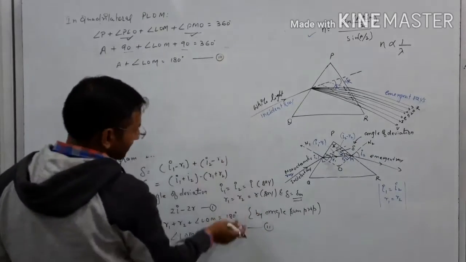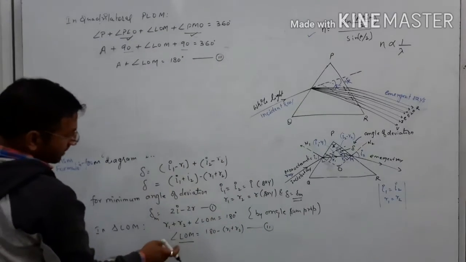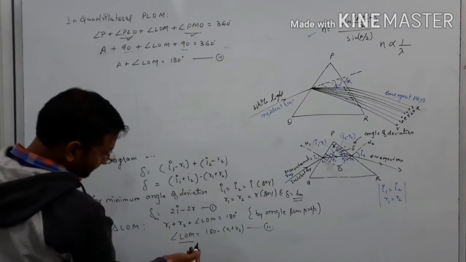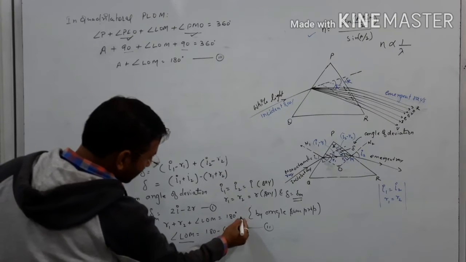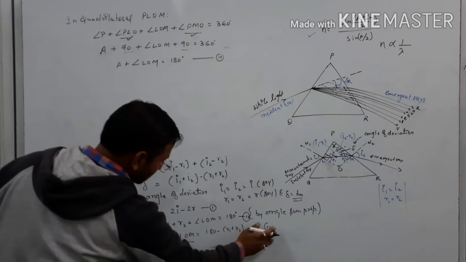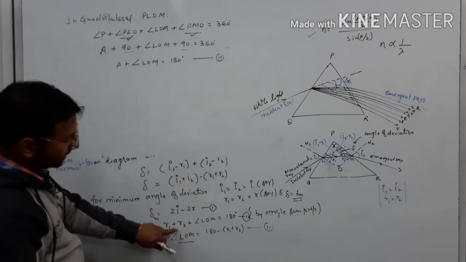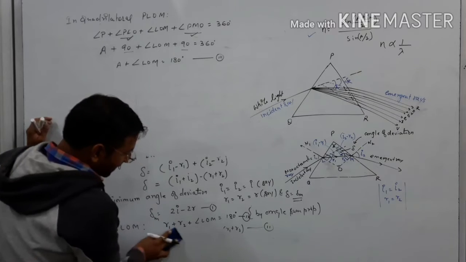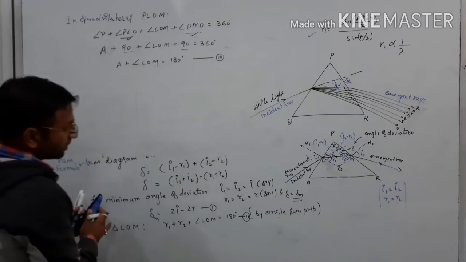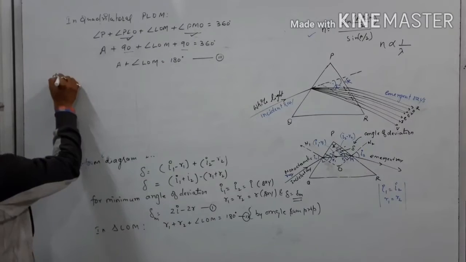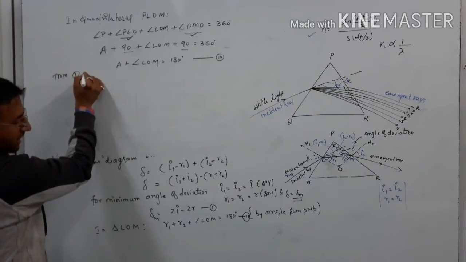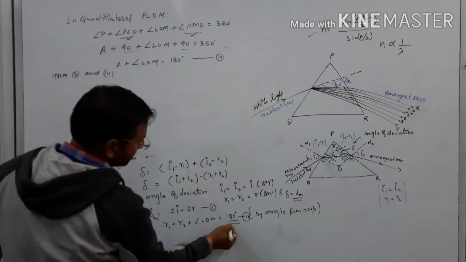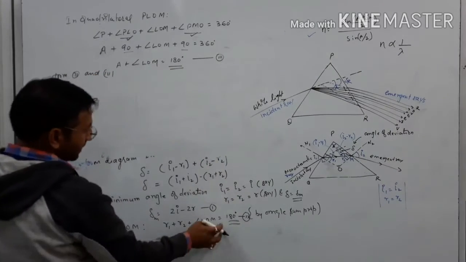Now you can substitute the value, or you can compare this relation with this relation, or you can substitute according to your choice. The simple way is that from the second and third equations, you can see this is also equal to 180, this is also 180.